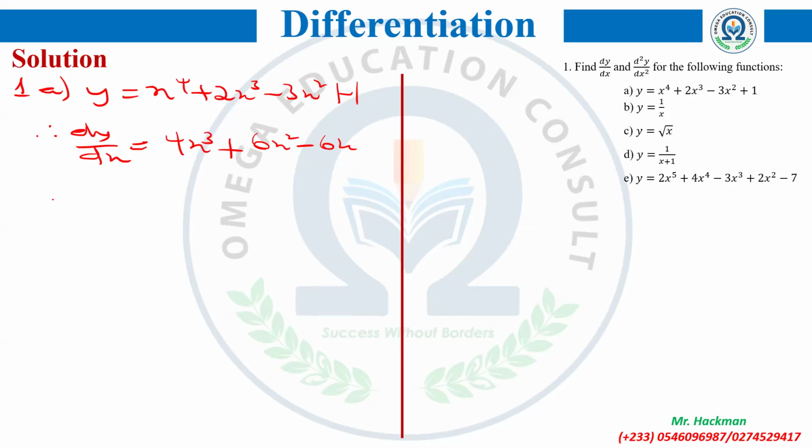So on that note, this is equal to that, and d squared y over dx squared will be equal to, now you are going to differentiate this function again. That will give you 12x squared plus 12x minus 6. As simple as that. If you are asked to find d cubed y over dx cubed, then that will give us 24x plus 12.